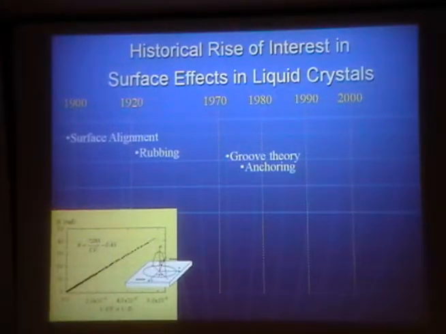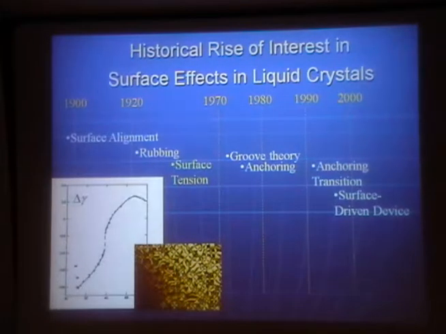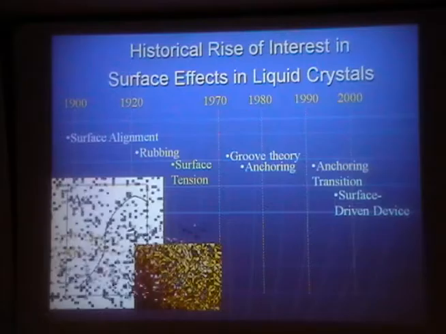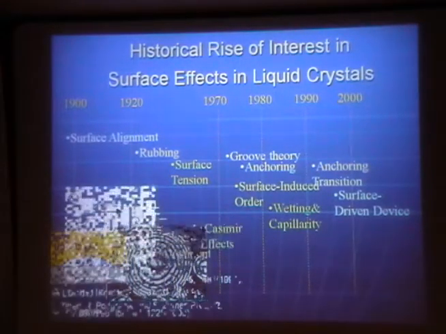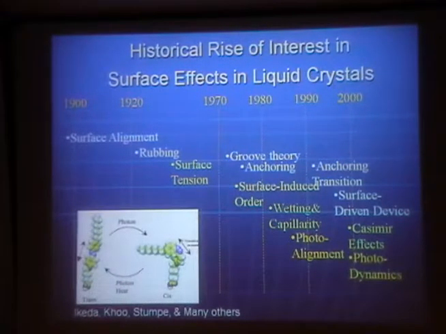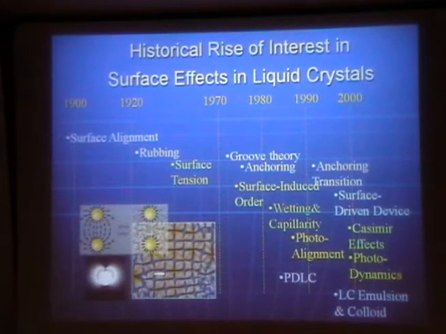And interest continues on and on, and I don't spend too much time explaining each of these topics, but what I'd like to mention is the number of interesting things increased almost exponentially as time passes.